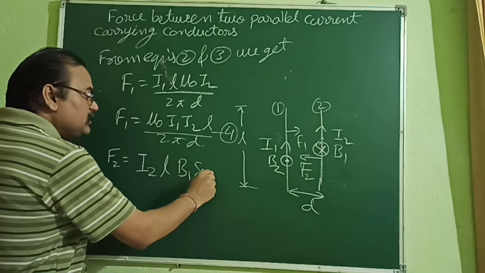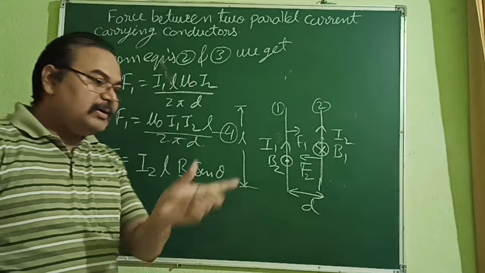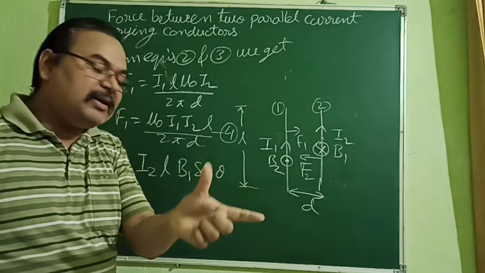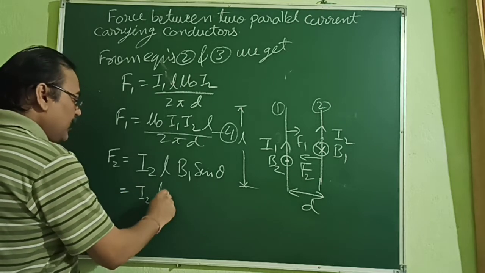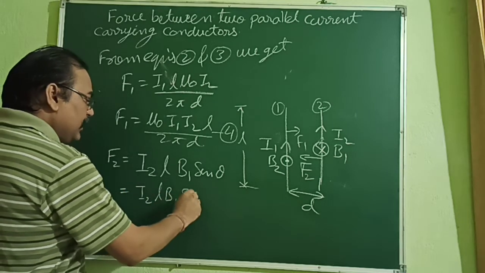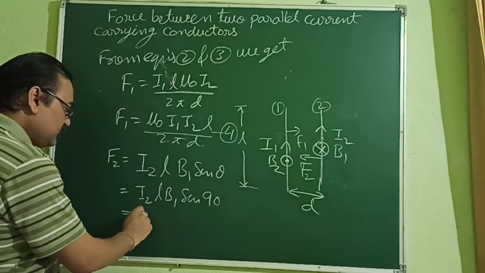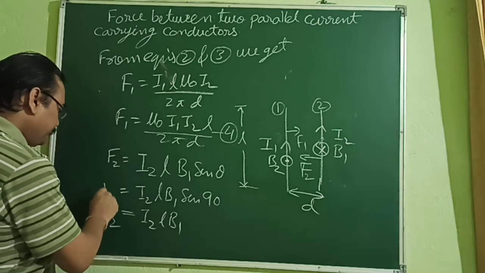And then sin theta. Theta is the angle between the direction of magnetic field and current. Direction of magnetic field is inside and current is upward. You can see the angle is 90 degrees. So we get I2 L B1 sin 90. Sin 90 is 1, so we get I2 L B1. That is our F2.